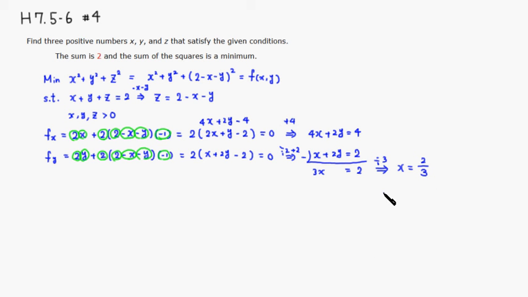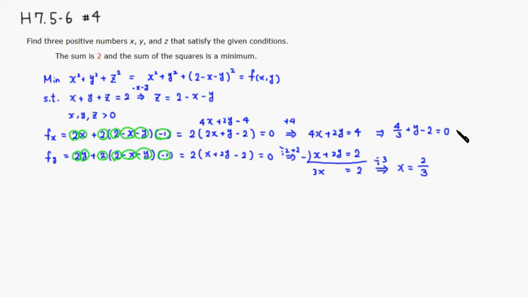Then we can find the y value. So we can try maybe using this guy. So right here, or this guy right here, doesn't matter. So I'm gonna plug it back in here. So 2 times 2/3. So it's going to be 4/3. Right? Plus y minus 2 is equal to 0.